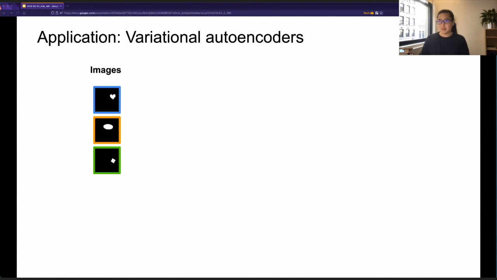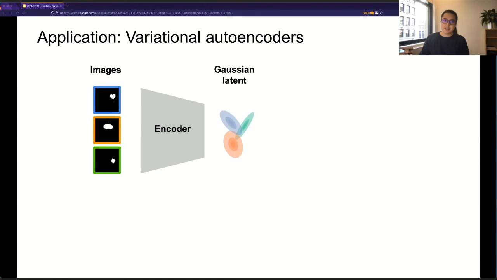I know Colin is, but in case you're not, a VAE takes as input an image, and then a neural network serves as a bottleneck. And for each image, it spits out exactly, by design, a Gaussian distribution.